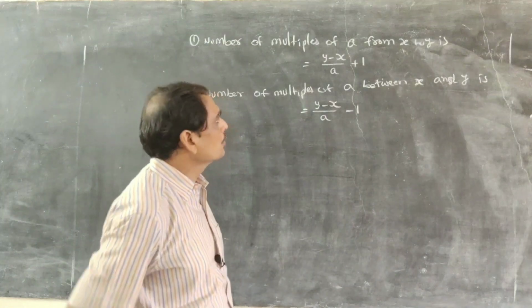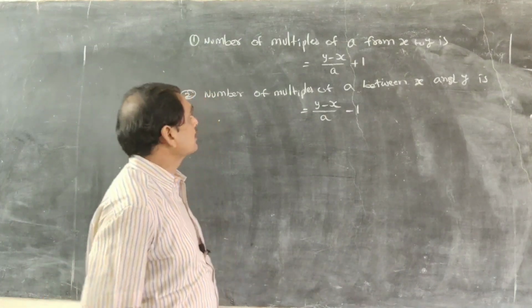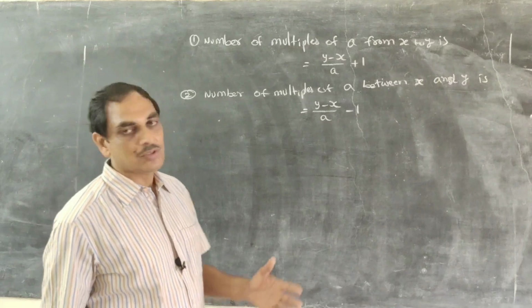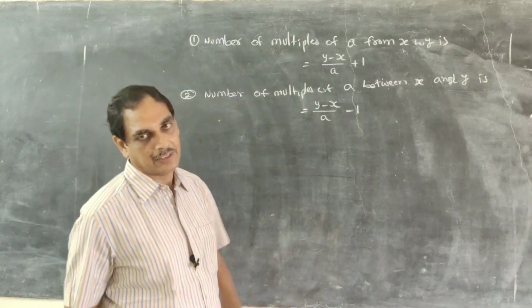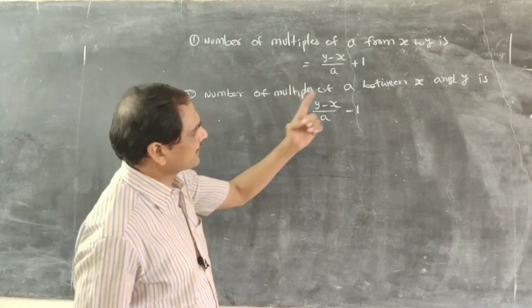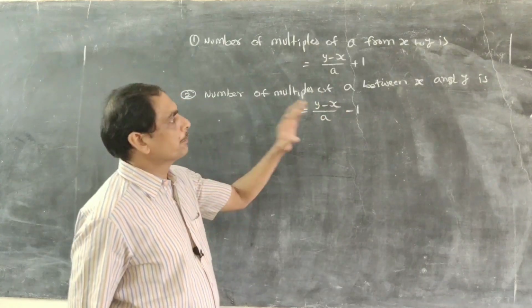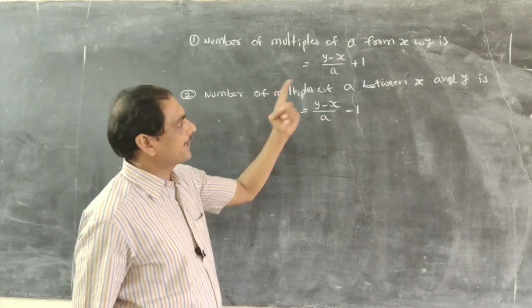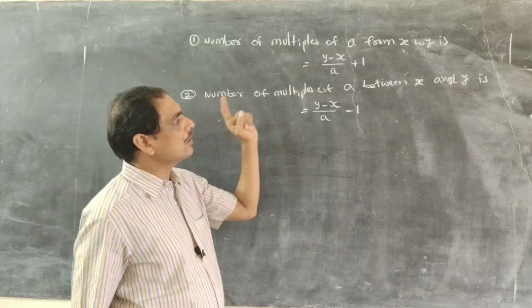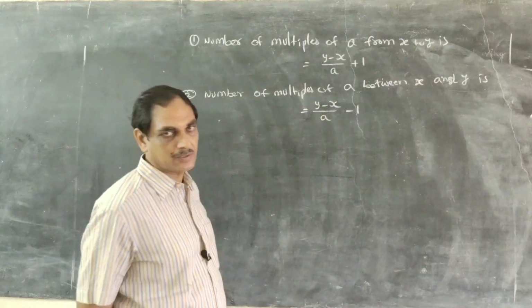These are the two main formulae to find the number of multiples of A from x to y, and the number of multiples of A between x and y. In the first, x and y are multiples of A, where x is the smallest multiple and y is the greatest multiple.